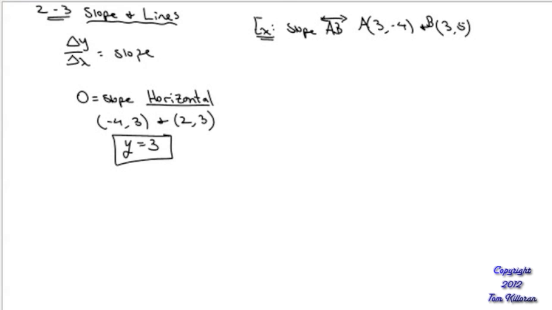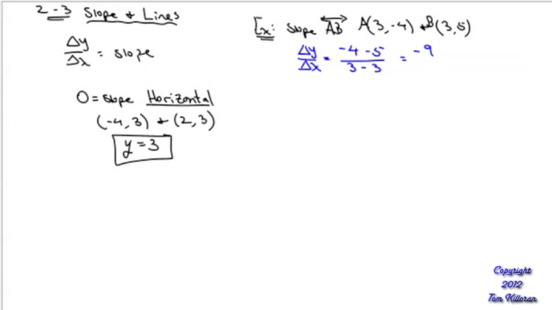It's not a formula, it's actually more directions than anything else. Change in y over change in x. The directions tell you to take the y's and subtract them, and take the x's and subtract them. So what do you get? You do not get 0. Undefined. Because when you do the y's on the top, you're going to get -4 minus 5 over 3 minus 3 for the change in x's.